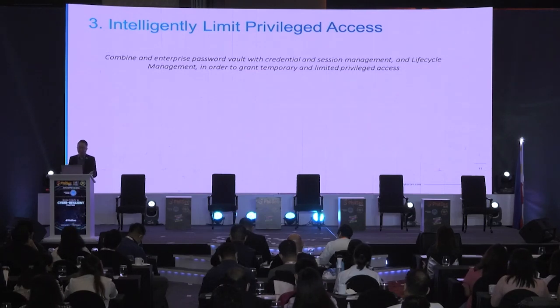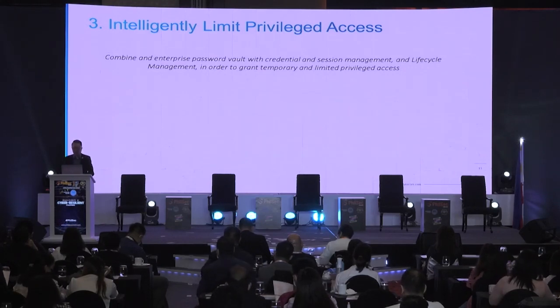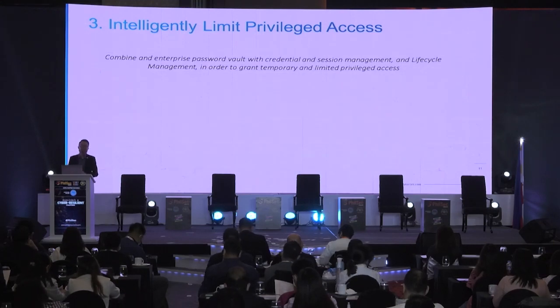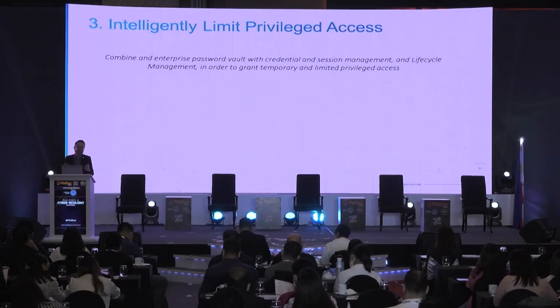Some examples of these privileged access are server administrators, database admins, cloud infrastructure administrators, application admins, and even third-party vendors. These are the types of people that can have access to privilege rights.